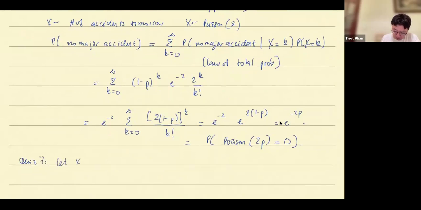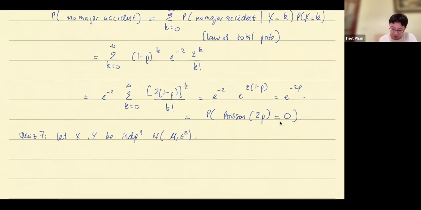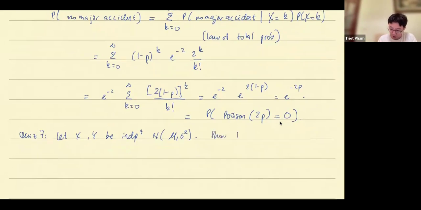Let X and Y be independent normals, mu sigma squared. We did not discuss the normal in detail, but we're going to look at it in this context. Show that X plus Y is independent of X minus Y.